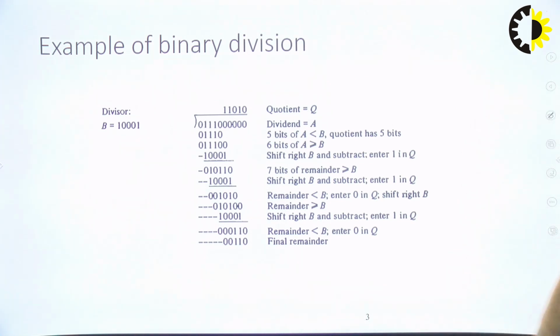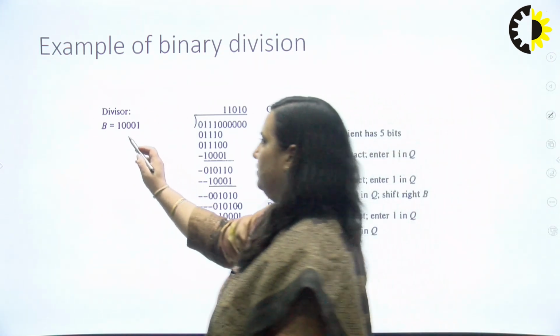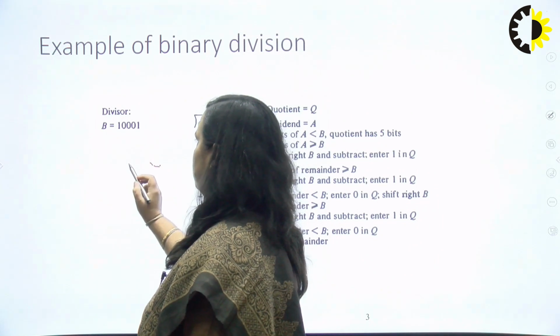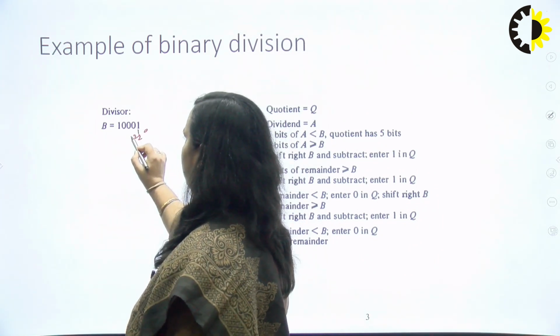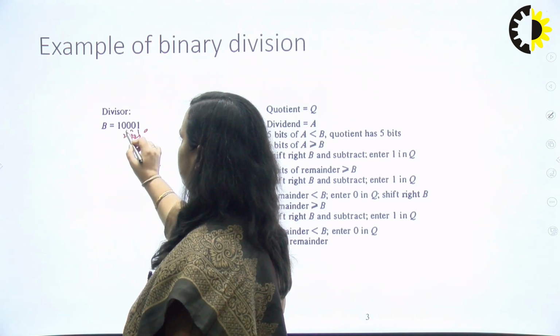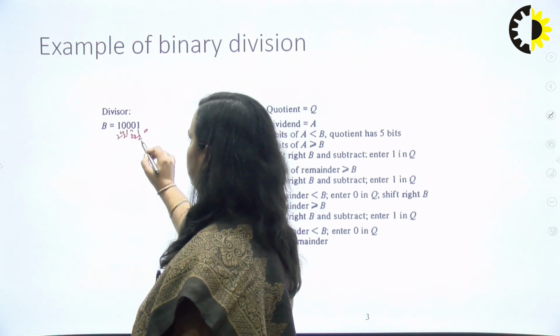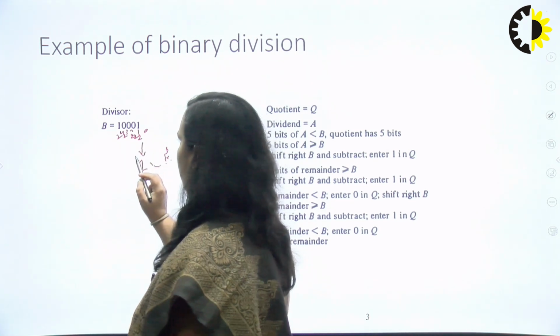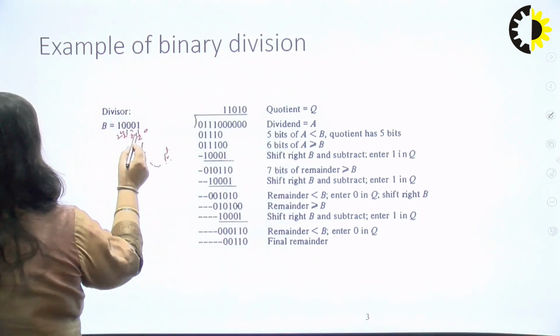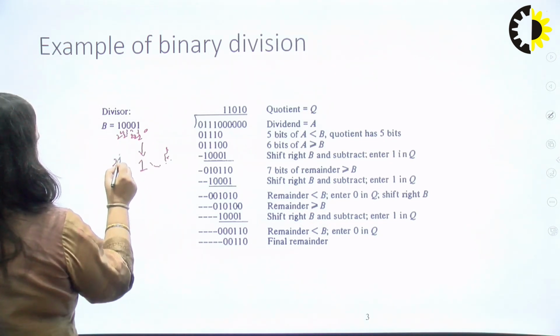For example, here the divisor is B 1 0 0 0 1. The value of this is 2 raised to power 0, 2 raised to power 1, 2 raised to power 2, 2 raised to power 3 and 2 raised to power 4. So 2 raised to power 0 is 1 and 2 raised to power 4 is 16.